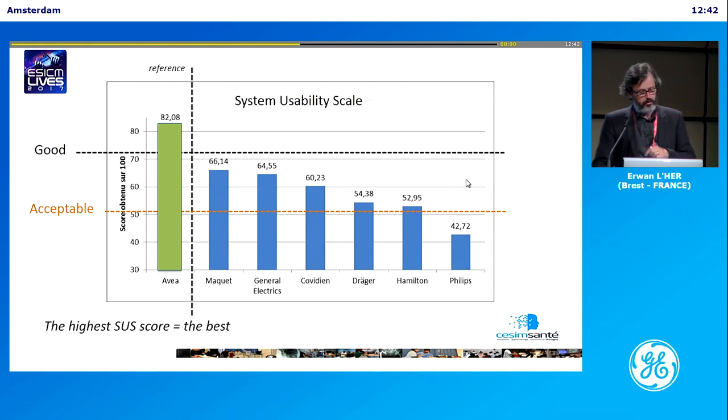We were able to classify the devices between them. As you can see on the slide, not a single device achieved the goal of 68, which is considered in the industry as the best way to release a good device on the market.